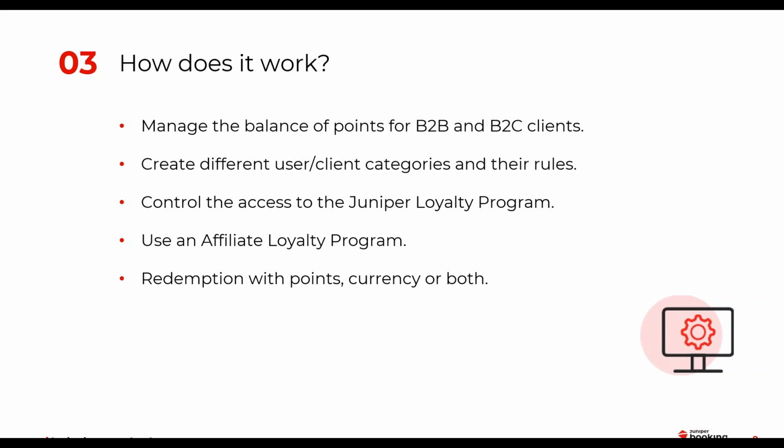It is also possible to have an external affiliate loyalty program to manage the user's points, downloading the points from the moment the user registers on the website until the booking is completed with points. Also, when applying points to a booking, you can indicate the redemption for each category created and decide if bookings are made with currency or points only, or with both currency and points.